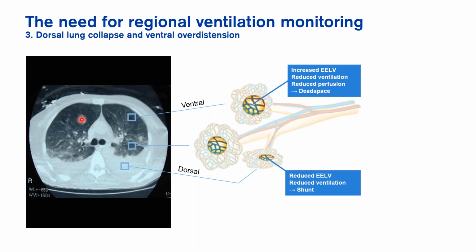And if we now look at the ventilation, actually what happens, there is no ventilation in the dorsal area. There is almost no ventilation in the ventral area because we have the increased end-expiratory lung volume. We still have reduced ventilation. We still have reduced perfusion. As a result, we have a higher dead space. And then we have all the tidal volume ventilating this mid-segment.